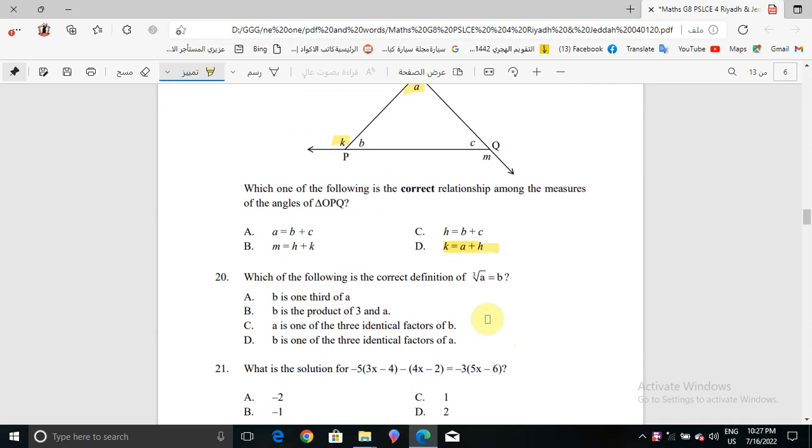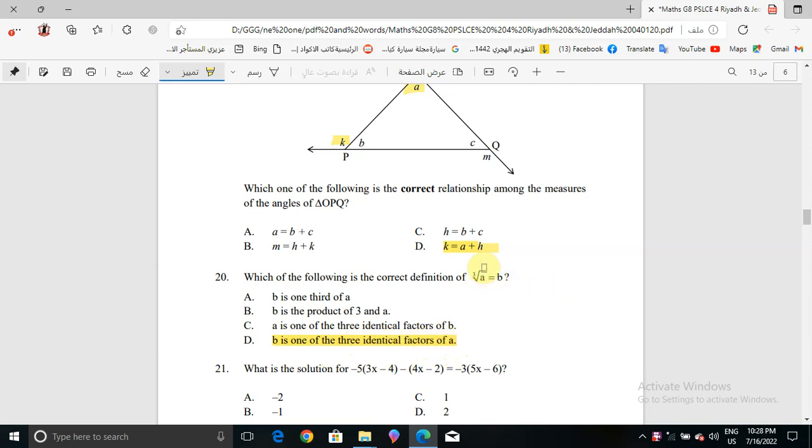Okay, now in question number 20, which of the following is the correct definition of the cube root of A is equal to B? Here B is one third of A, or B is the product of 3 and A, or A is one of the 3 identical factors of B, or B is one of the 3 identical factors of A. Yes, B is one of the 3 identical factors of A. Why?